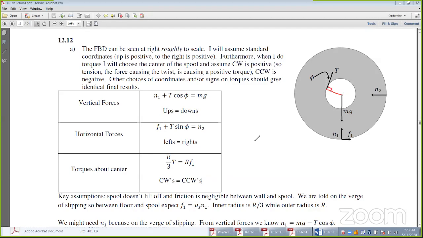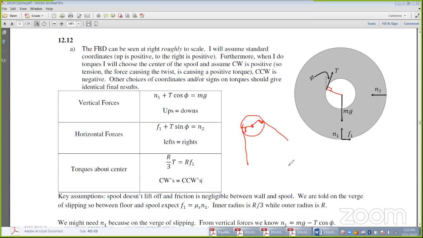That's a cool thing about these string problems. In chapter 10, you might remember the string, whether it comes off this way or whatever, is always going to be at right angles. So these angles are always right angles right here and right here. Is that good, Trey, or anything else you'd want to say about that?